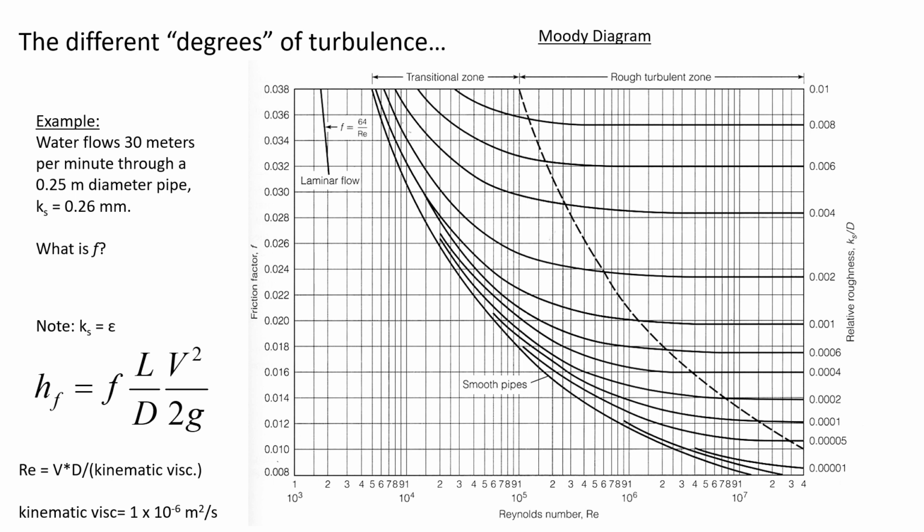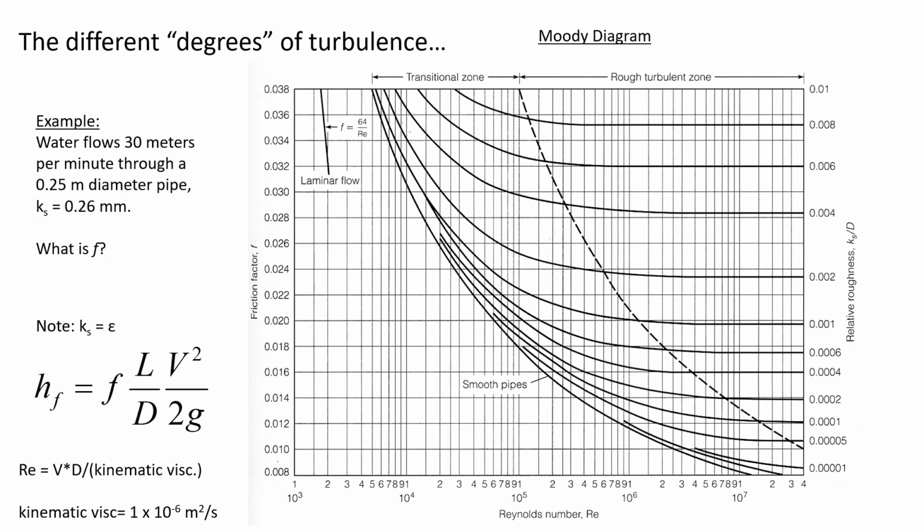So let's calculate the Reynolds number here. We have a velocity of 0.5 meters per second and the conduit is 0.25 meters in diameter, and we know the Reynolds number should be unitless. So hopefully all of these units cancel out when I put the kinematic viscosity in the denominator. Multiplying all that together, we get a Reynolds number of 1.25 times 10 to the 5th.